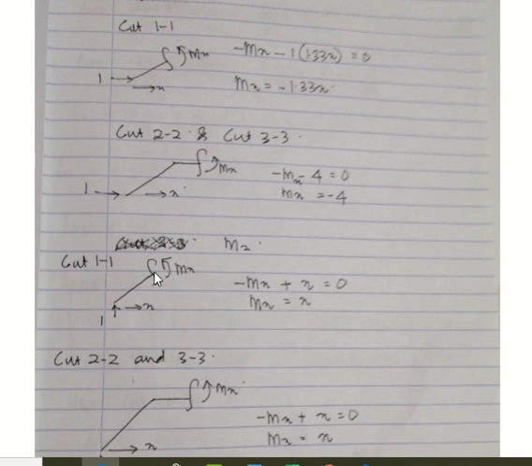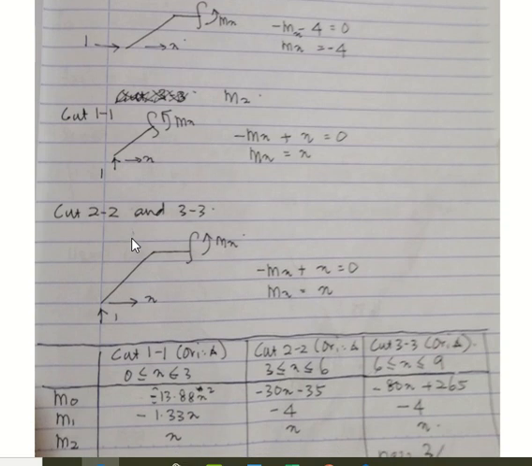Again, we calculate moment at cutting number 1, clockwise as a positive value. That's why you have minus mx, then plus the moment from this 1 kilonewton multiplied by this horizontal distance equal to x. 1 multiplied by x, positive value. So mx equal to x for cutting number 1.